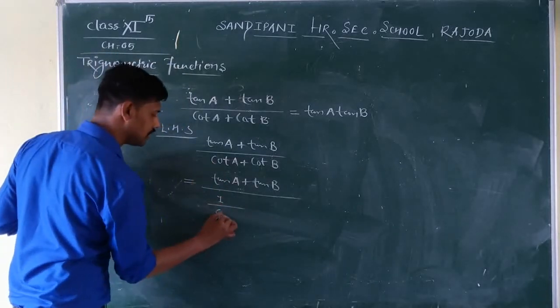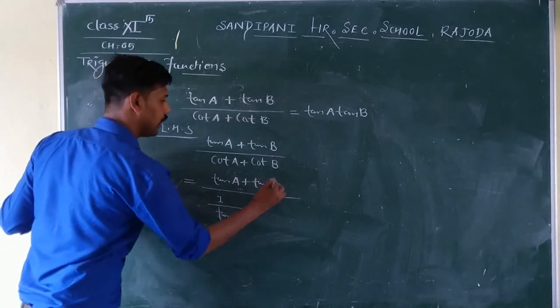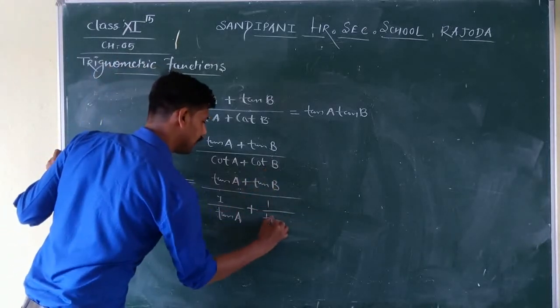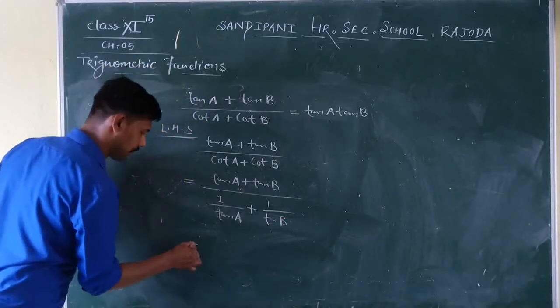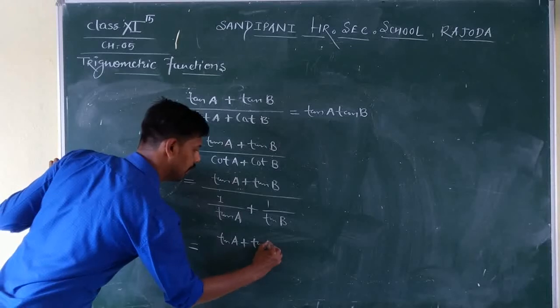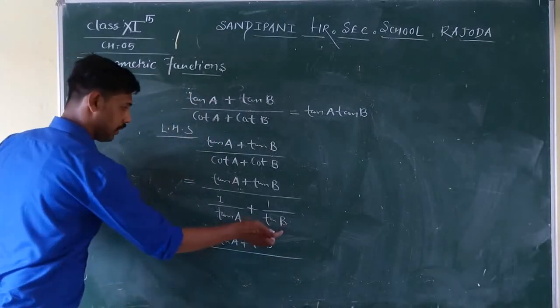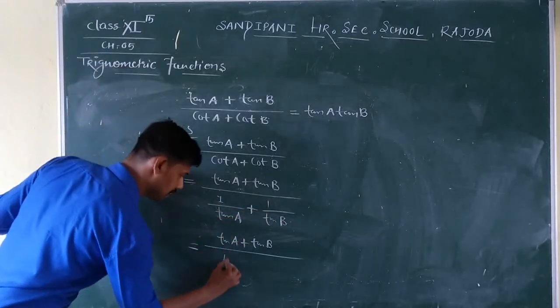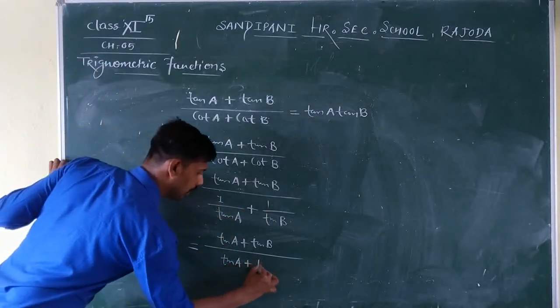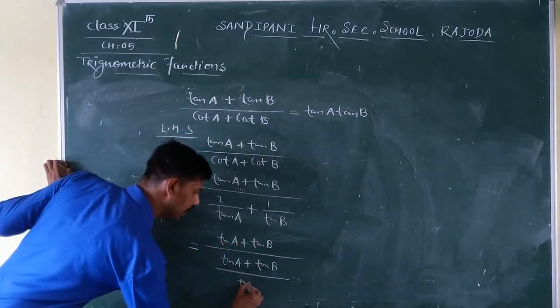Cot theta means 1 by tan theta, and cot B means 1 by tan B. Now taking the LCM in the denominator and cross multiplying, that means (tan A plus tan B) by tan A tan B. I hope you are getting it.